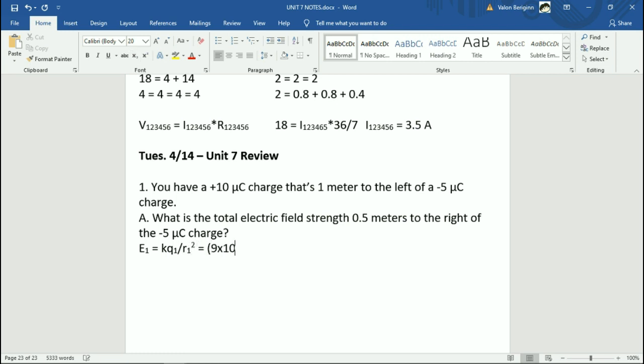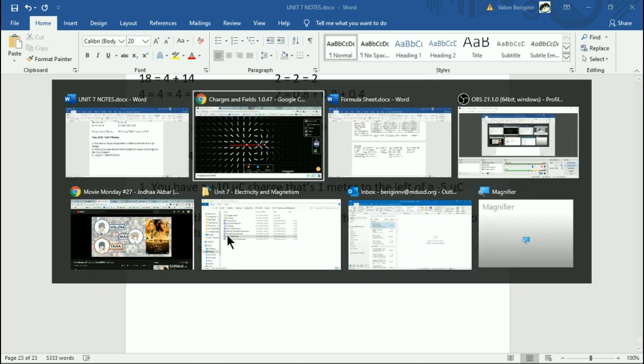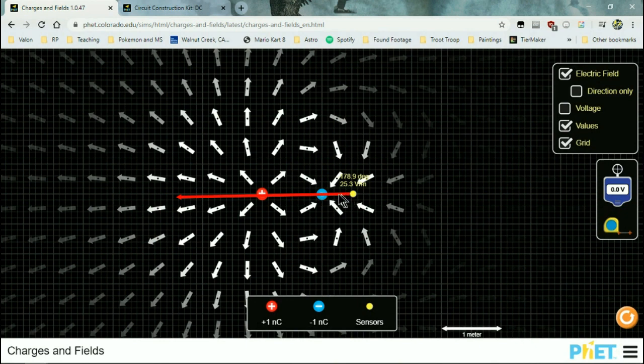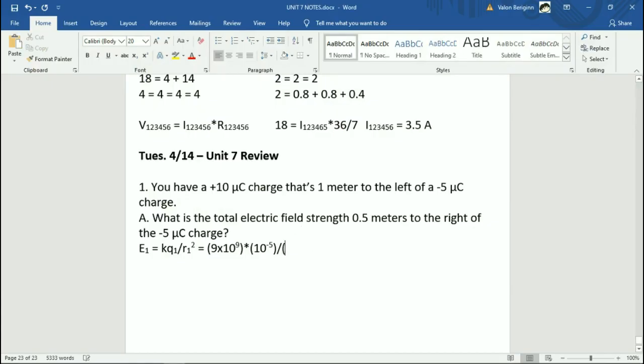So k is 9 times 10 to the 9, times Q1, which is 10 times 10 to the negative 6 because of the microcoulombs, divided by distance squared. The distance we want is the distance from this one. So that's 1 plus half, so it's going to be 1.5 meters squared.